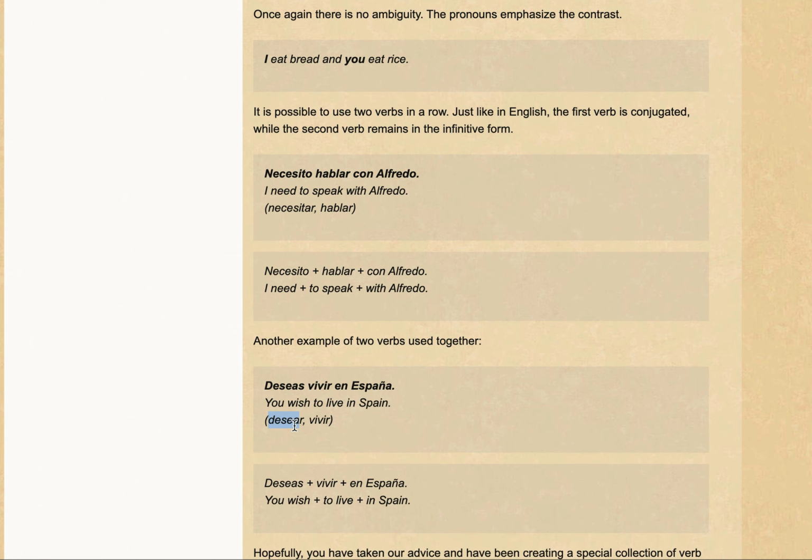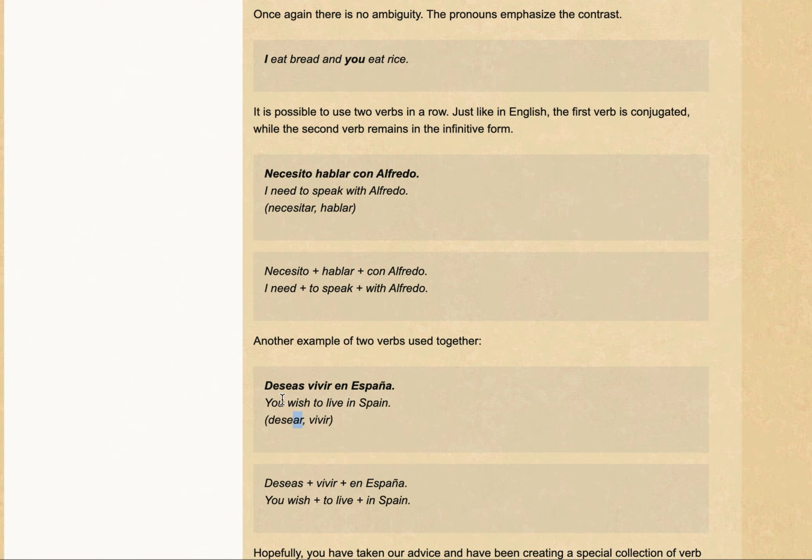In this case, we know that it's an AR verb, and just like always, we drop the ending of the verb. So we drop AR, and it becomes dese, and in terms of conjugation with tú, we'll add an as to it, so it'll be deseas.